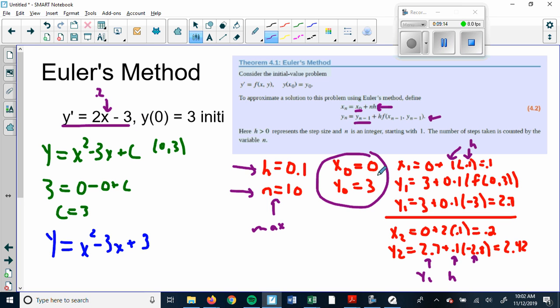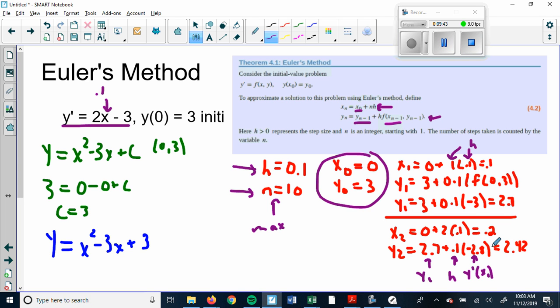I'm going to plug in the previous x value. I lied to you. So this is 0.1, the previous x value. And so when I plug in 0.1, I get 0.2 minus 3. That's negative 2.8. So this is y prime of x1, if you will. So when I do that, I get 2.42.